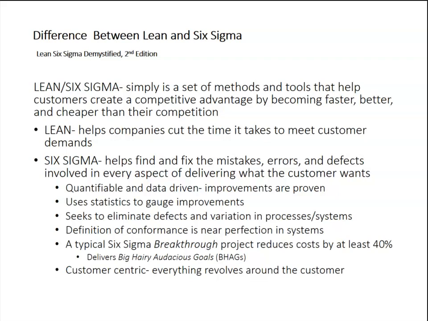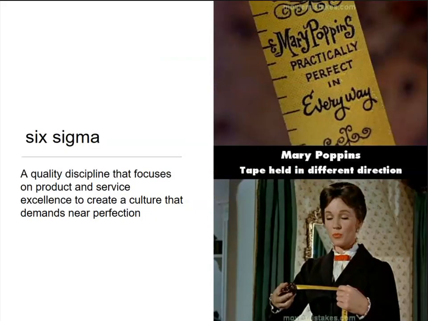And Lean Six Sigma is really customer centric. Everything revolves around the customer. As you heard me say, the voice of the customer 1,000 times in this class. The voice of the customer drives Lean Six Sigma. So following Mary Poppins, nearly perfect in every way.